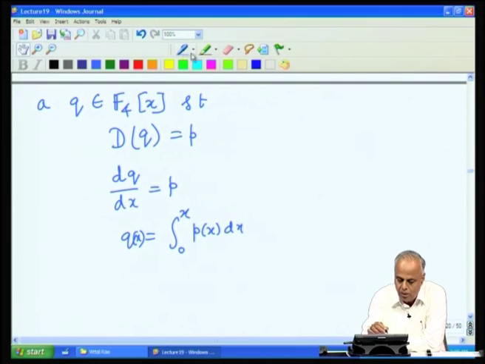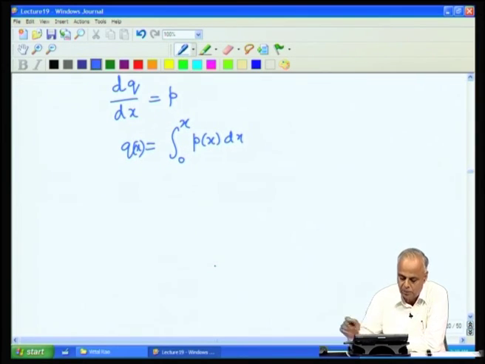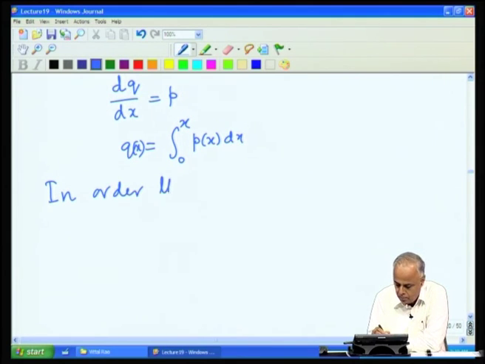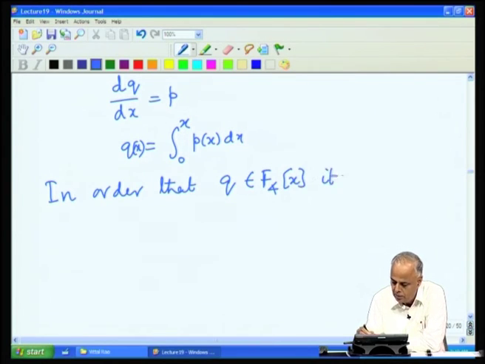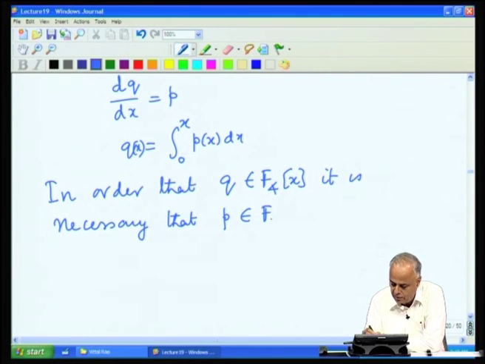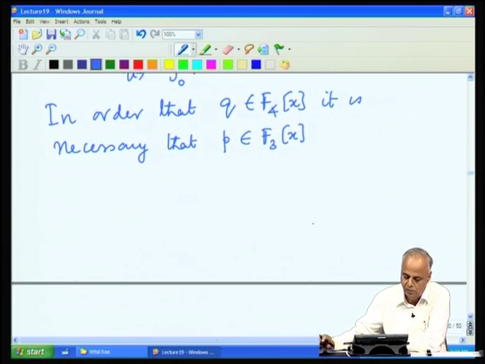So, only polynomials of degree less than or equal to 3 have a pre-image. So, in order that q belongs to F4[x], it is necessary that p belongs to F3[x]. It is a polynomial of degree less than or equal to 3.